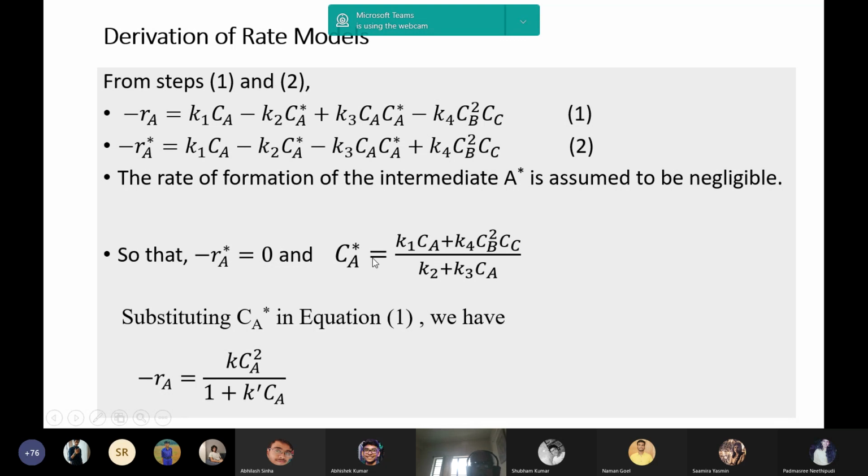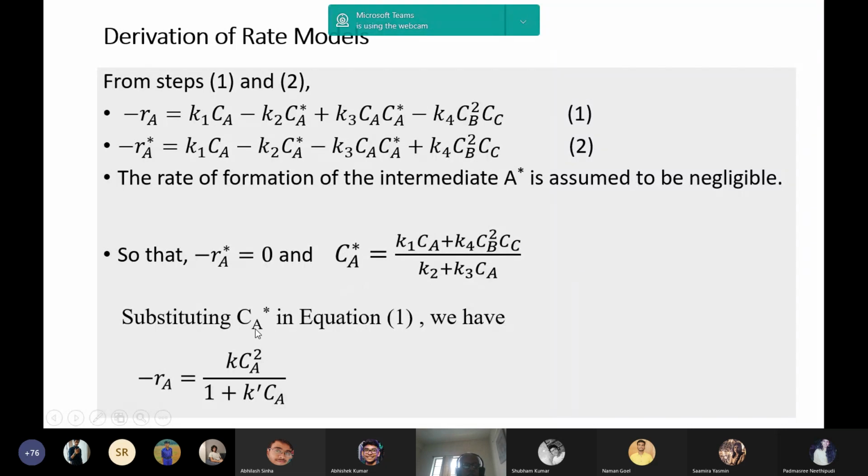Then Ca star we can find out from these two equations: K1 Ca, K4 Cb square Cc, over K2 plus K3 Ca. As A star is involved here, you equate equation number 2 to 0 and find out Ca star.